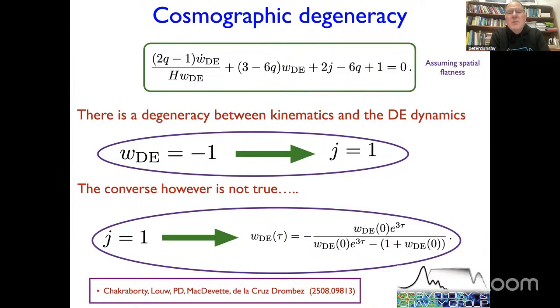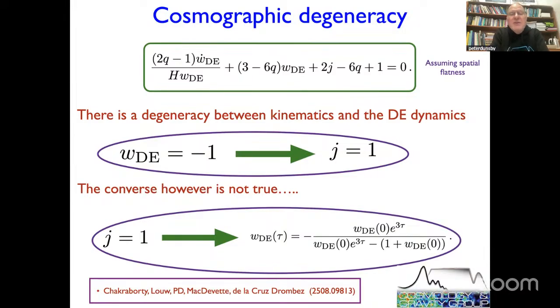From an observational standpoint at the moment, the two parameters that we are constraining, in particular with the DESI data, are the deceleration parameter and the jerk parameter. What you can see from this relationship is that if you choose an exact lambda CDM model where w_DE is exactly equal to -1, that implies for a spatially flat model that j is exactly equal to 1.